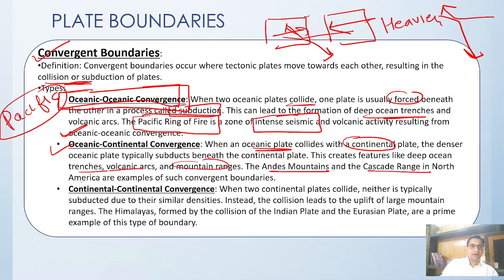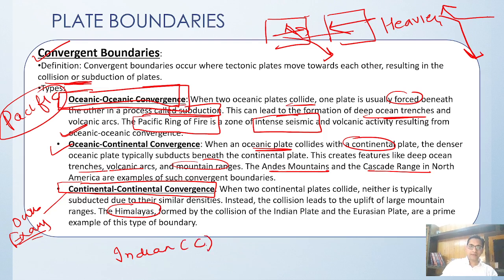Then we have continental convergence. This is our own example in India, the Himalayas. The Indian plate is a continental plate and the Eurasian plate is a continental plate, and both collided. When two continental plates collide, neither is subducted due to their similar density.